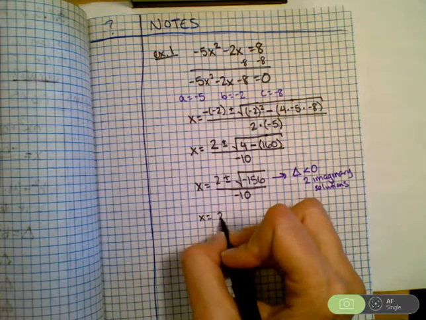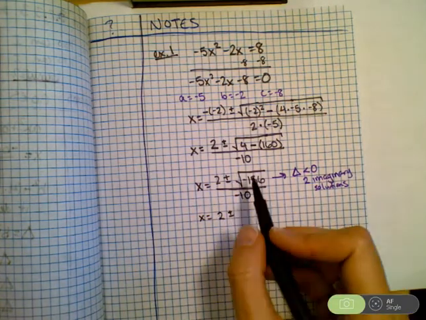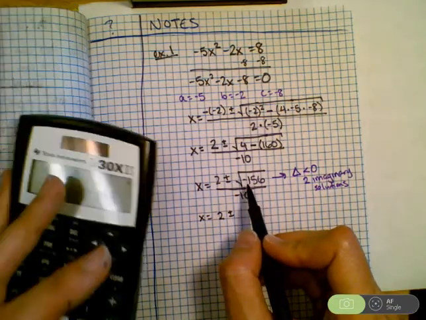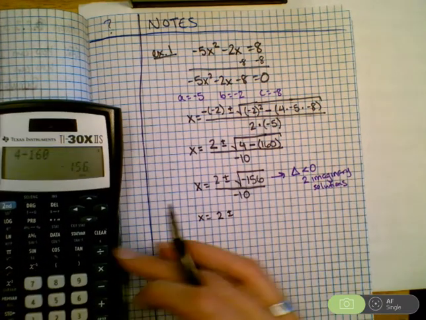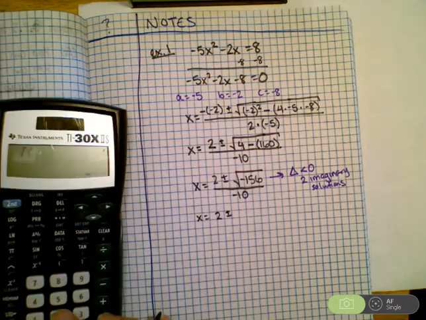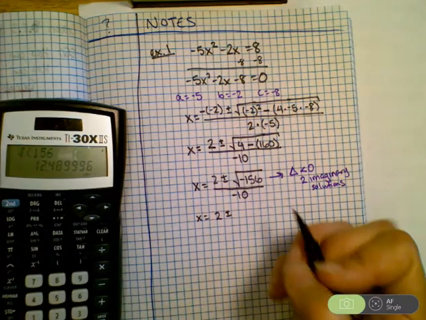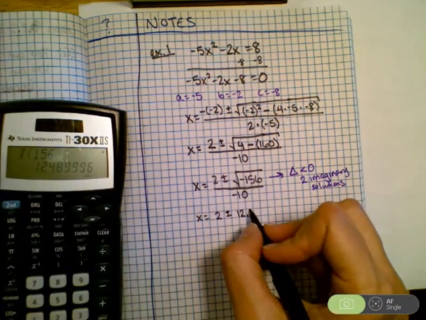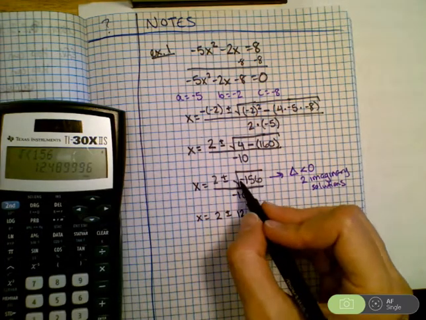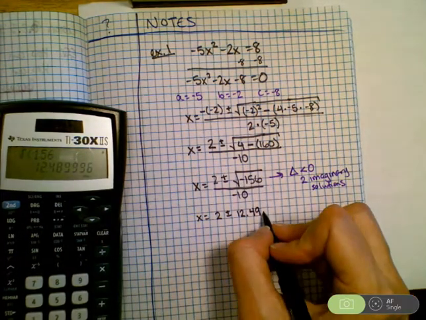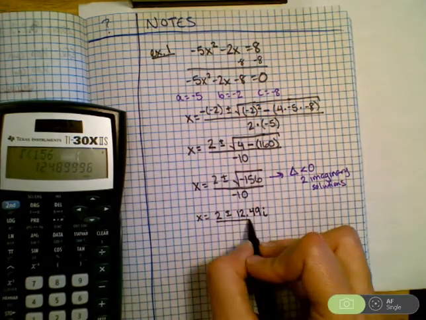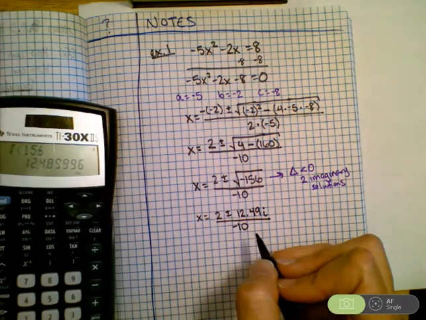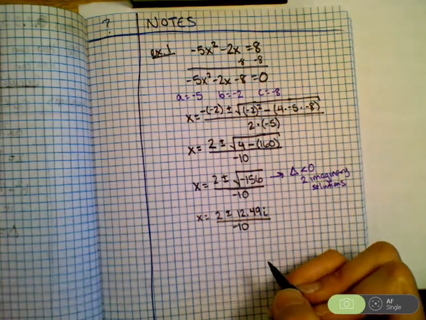So I'm going to say 2 plus or minus, now I can't do the square root of negative 156 on the calculator, but I can do the square root of 156, and I get 12.49. And then because this was negative inside the square root, I put the i after that. And it all gets divided by negative 10.